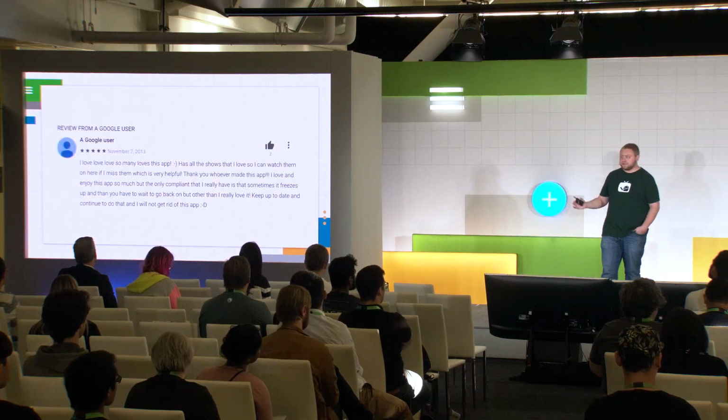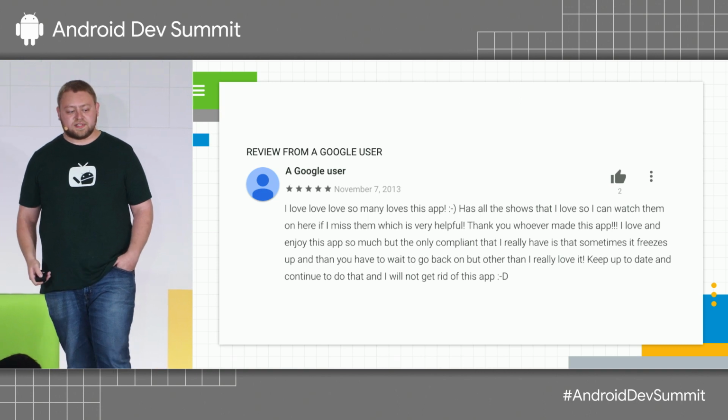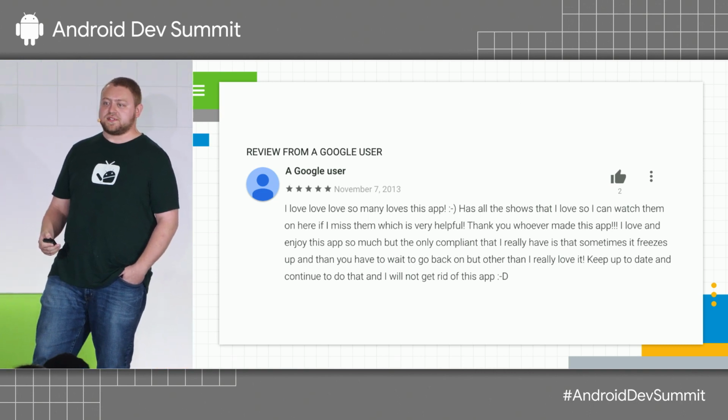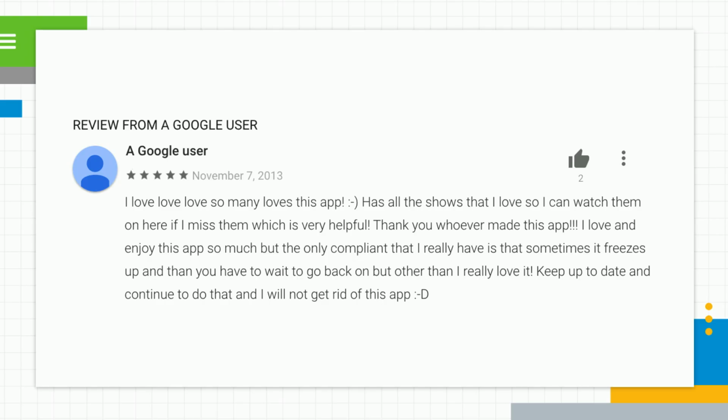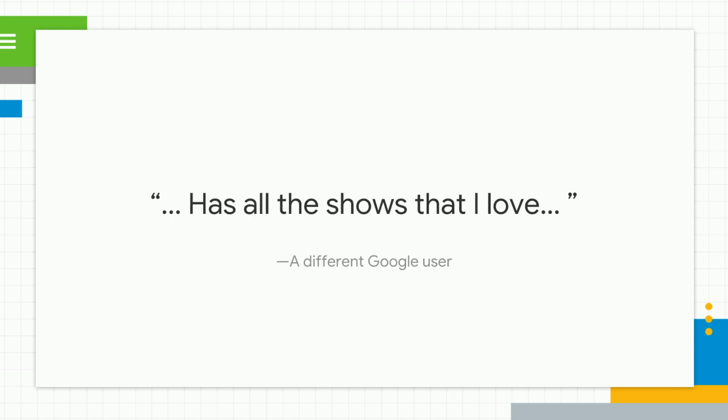So let's look at this review. I love the first sentence. They love, love, love. So many loves this app. So the key takeaway here is it was a 5-star review, and they loved all of the content was there.